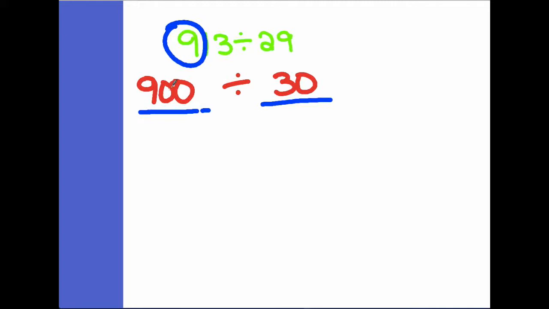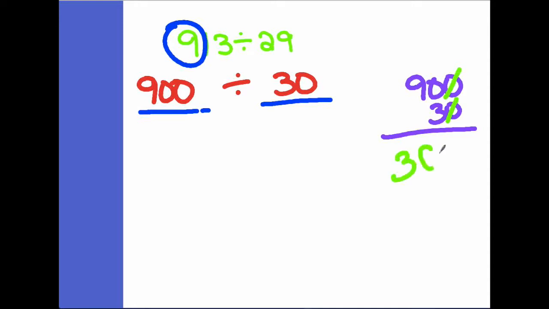If you remember from yesterday, this is the way we did it. We wrote the number 900 with a 30 on the bottom. And if there were zeros on top of each other, we just got rid of them. So how many times is 3 going into 9? 3. And then we have a 0, we just bring it down. So you can just bring the 0 down once you're done with the 3. 30 is your answer.